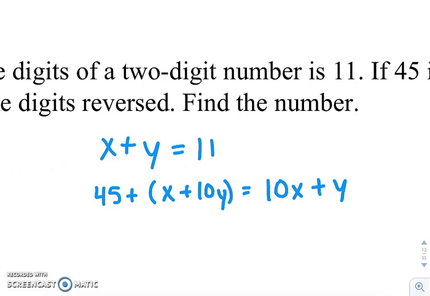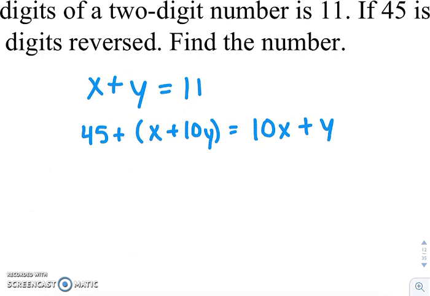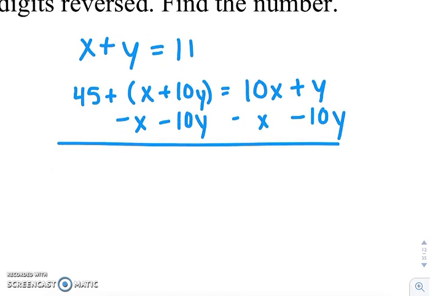A little complicated, but those would be your two equations. I would simplify this equation so we can use elimination. I'm going to subtract x, subtract 10y, and we get 45 equals 9x minus 9y.